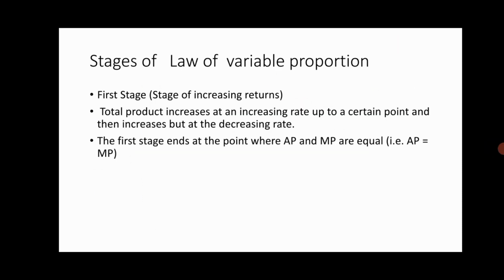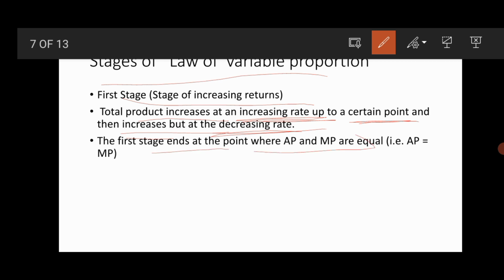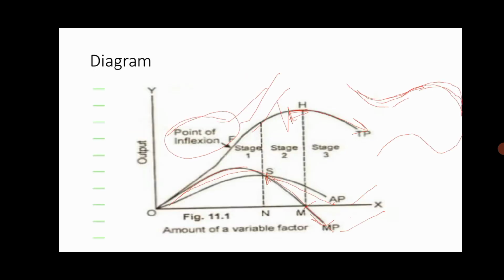So the stages of law of variable proportion, as we already know, first stage will be increasing return, and we have seen in the diagram that total product increases at an increasing rate up to a certain point, then it increases at a decreasing rate. So the first stage ends where AP is equal to MP, as I already explained in the diagram.